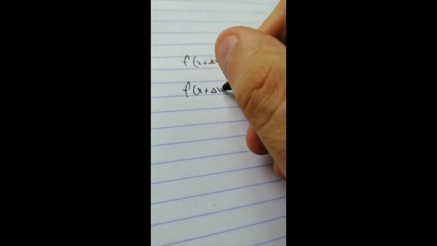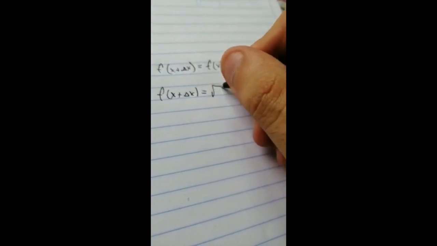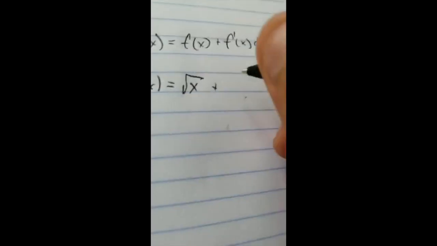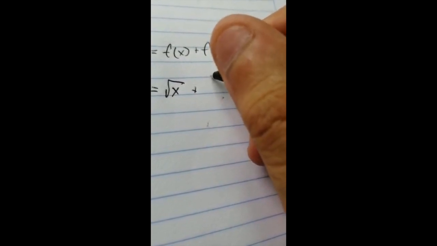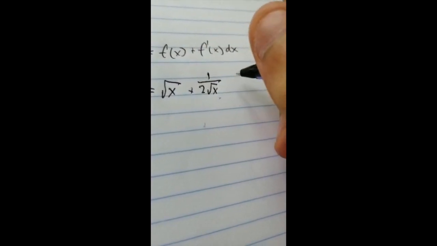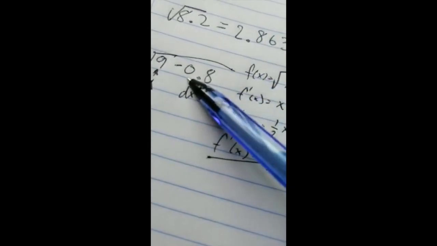So we just substitute: f of x plus delta x is equal to f of x, which is the square root of x, plus f prime of x, which is equal to 1 over 2 the square root of x, times dx. And dx we had determined is negative 0.8.